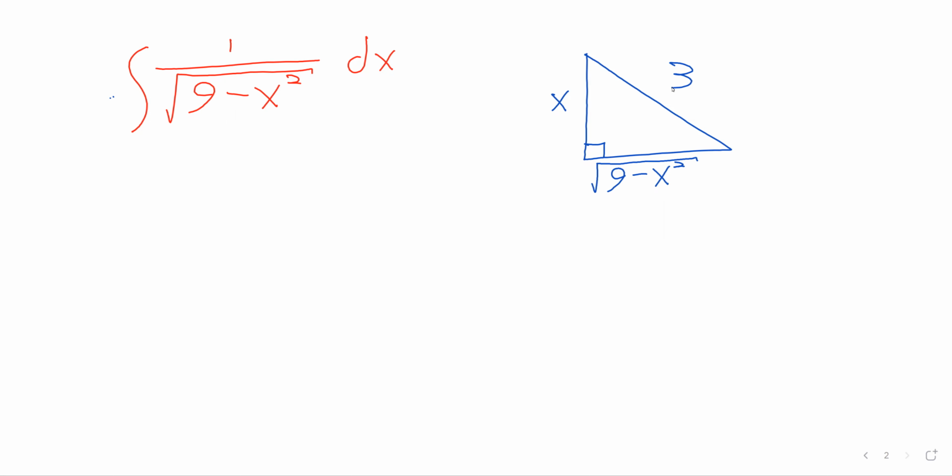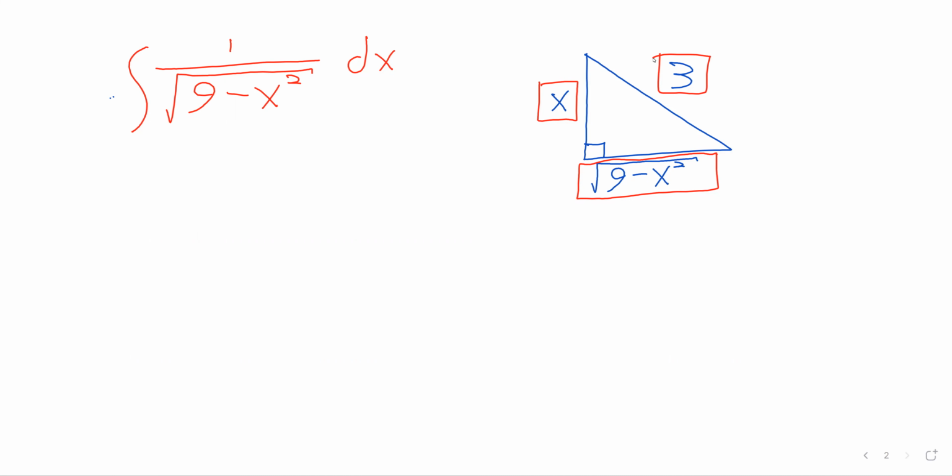So the basic thought is if we have this right triangle, it has three sides. And the side of the triangle that is appearing in this integral is by far the worst side of the triangle. Like x is simple, 3 is simple.